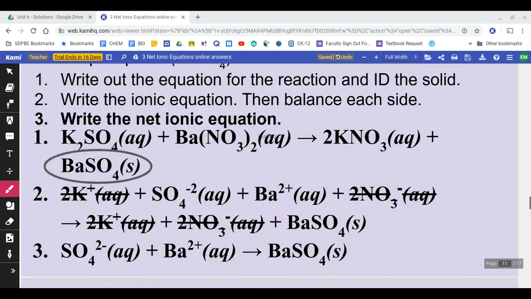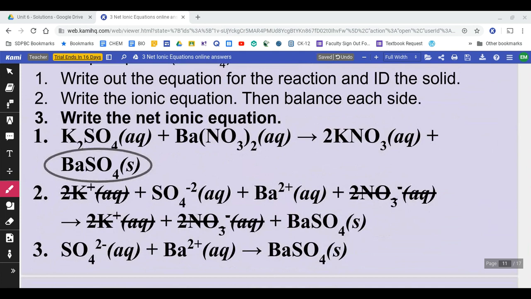It's very simple. SO4 plus Ba makes BaSO4 solid. Something to notice, the net ionic equation is showing what's combining to make that specific solid. We're combining barium and sulfate to make BaSO4, barium sulfate.